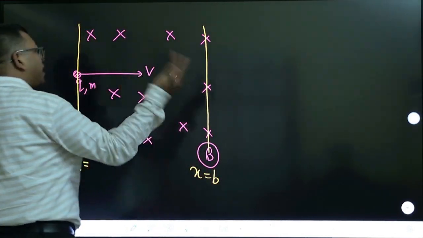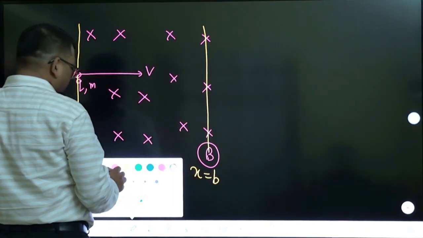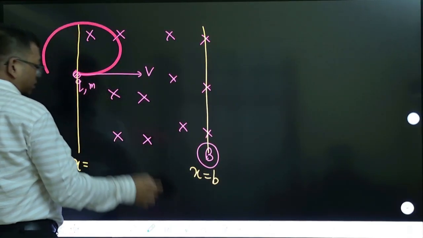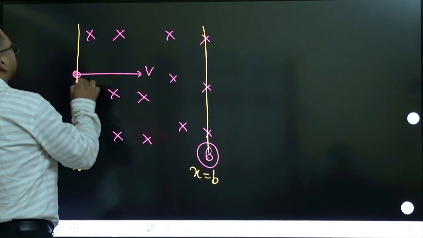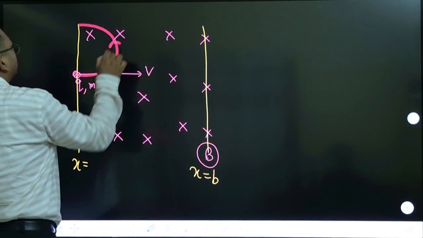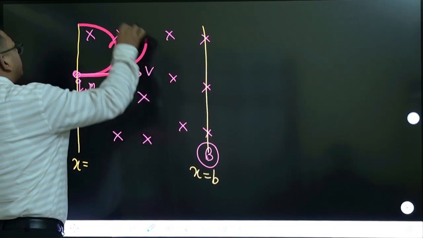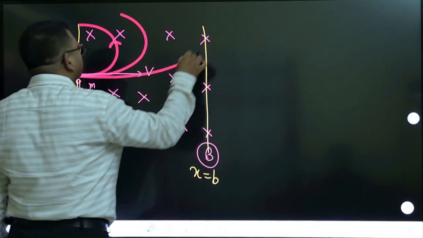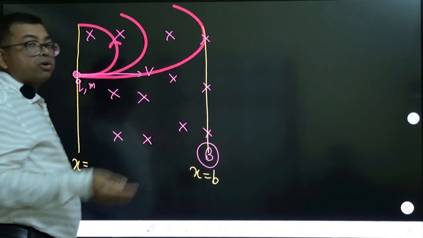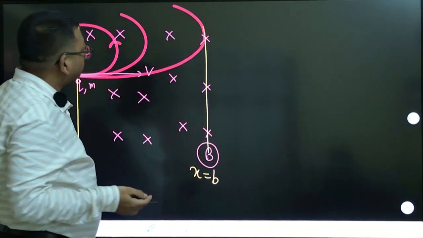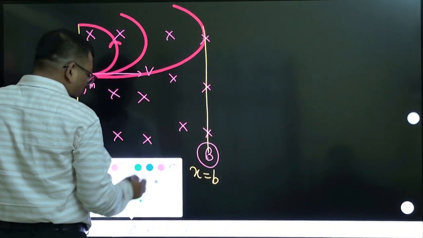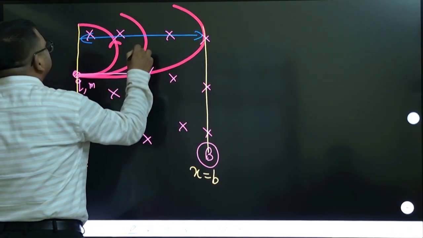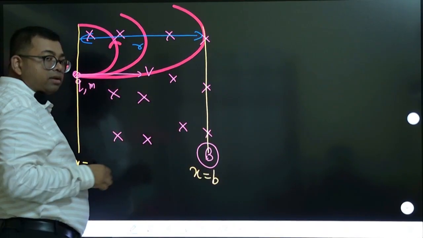The particle has to go to that side. Suppose the speed is like this, and it is going in circular motion, which will not be complete. At least here it can get; if you give more speed, then it will go like this. If it is able to take a turn here, then it cannot go to that side. So in the extreme case, if this is the radius, it will take a circular turn.